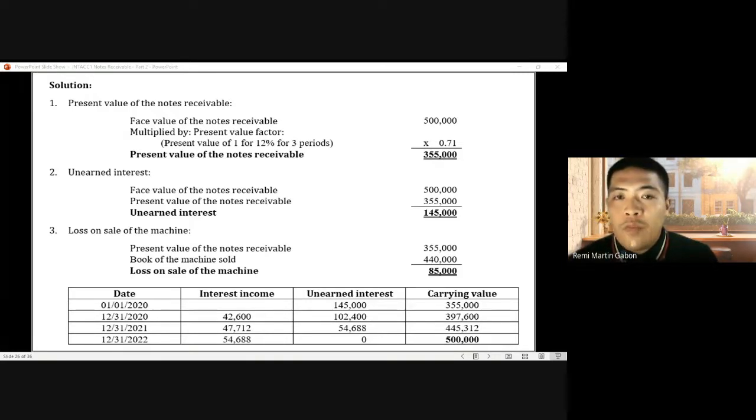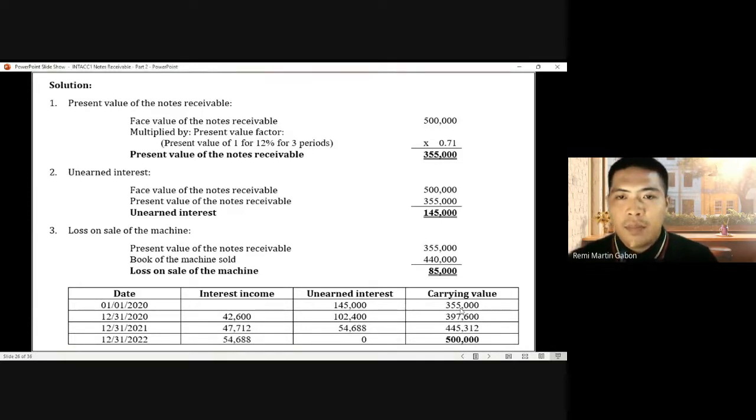If 145,000 is interest, then we can say that the present value is somewhat the principal amount. Later makikita nyo yan pag dumating tayo sa installment basis. Proceed muna tayo dito.